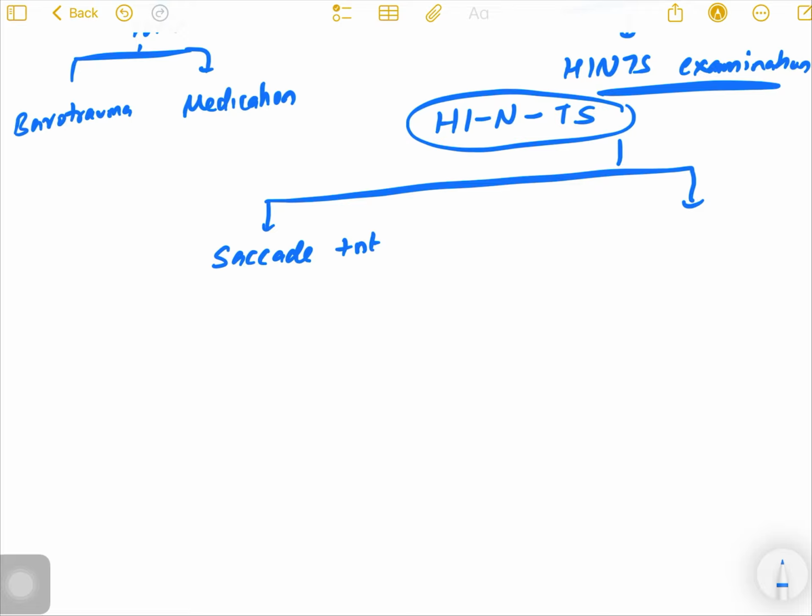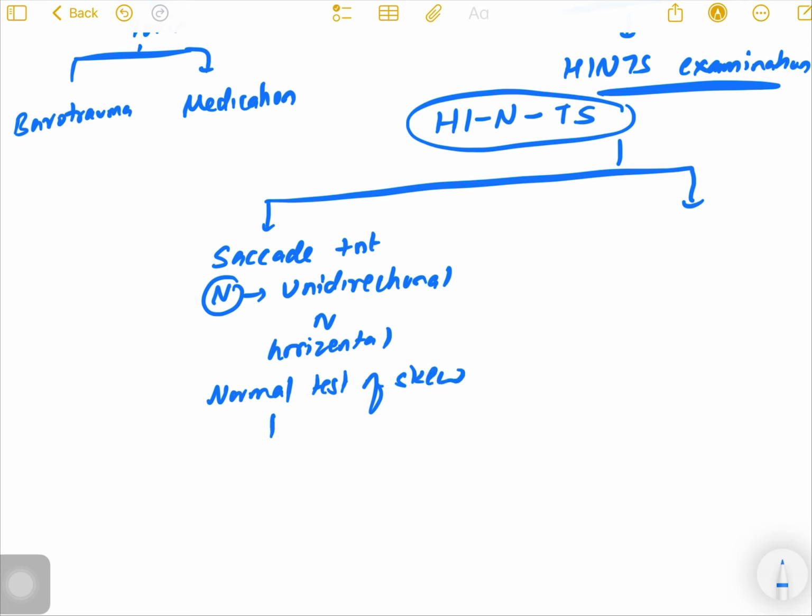In the HINTS examination, if there are saccades present, or the nystagmus is unidirectional or horizontal, or there is a normal test of skew, then that is a peripheral etiology of vertigo, and we have to rule out vestibular neuritis.